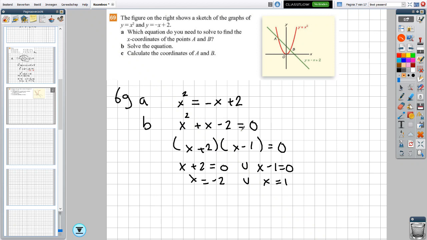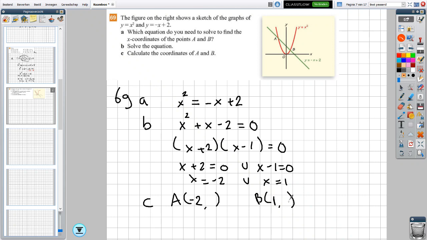Okay, so that means I've now found the x-coordinates of points A and B. So A is something like this, and B is something like this. Which x-coordinate belongs to which point? Well, we see that A is to the left of the y-axis, so that's a negative x-coordinate. I've moved to the left. So the -2 belongs to A, and the positive 1 belongs to B.